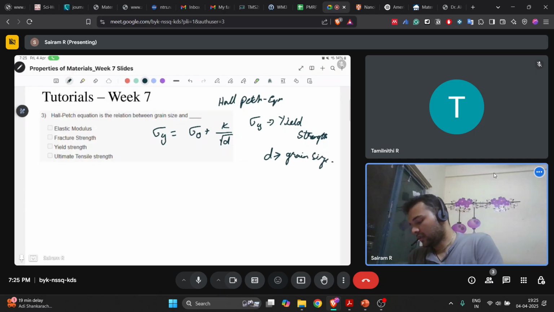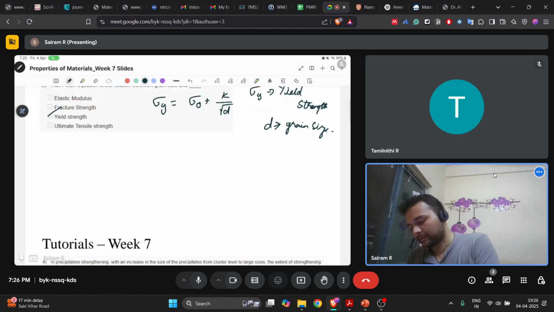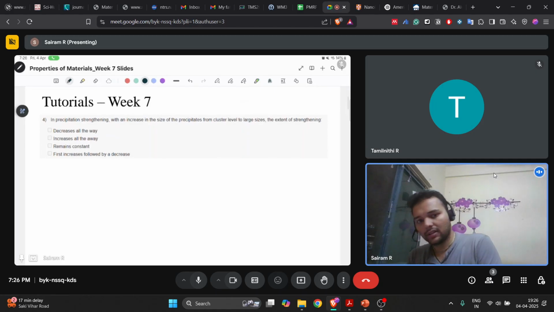So the Hall-Petch equation is the relation between grain size and the yield strength. Okay, moving on to the next question.